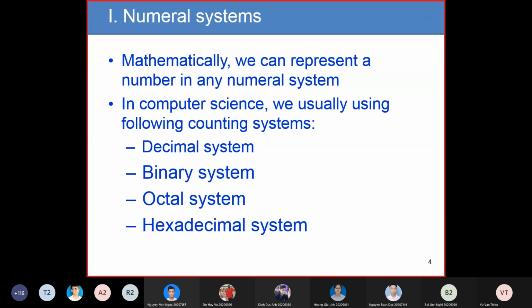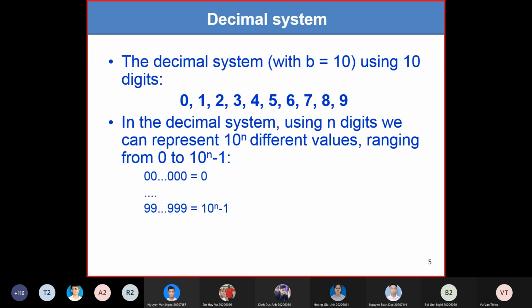Okay, so we will go through each one. The first one is the decimal system, using 10 digits from 0 until 9, and hence the base B is equal to 10. In the decimal system, when we use n digits, we can represent 10 power n different values, ranging from 0 until 10 power n minus 1.